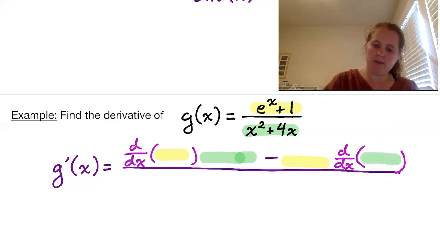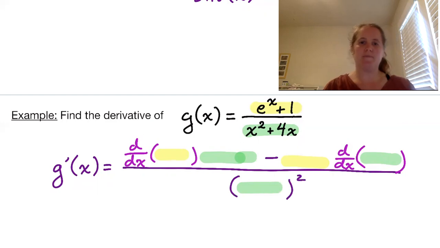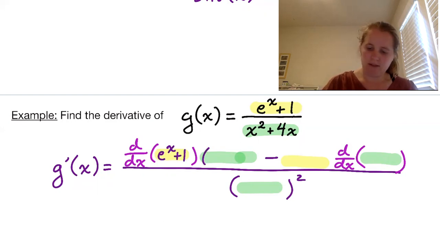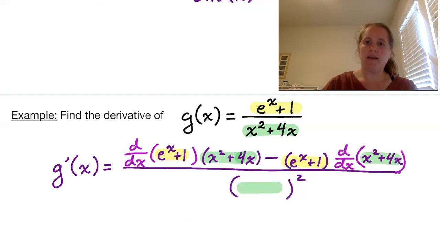And then we divide by the second squared. So we have the derivative of e to the x plus 1 times x squared plus 4x. And we are subtracting off e to the x plus 1, our first, times the derivative of x squared plus 4x. And then that is all over x squared plus 4x, the whole thing squared.